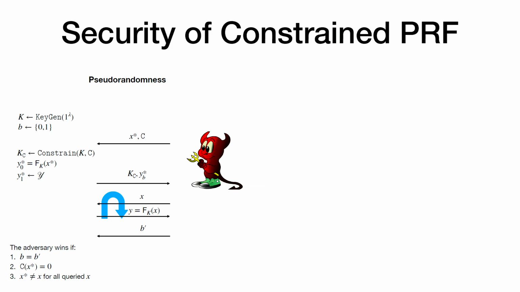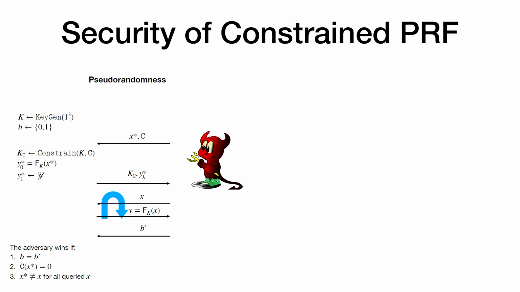In this definition, the challenger will first sample a PRF key K and sample a bit B. Then the adversary should submit a challenge query X star, which is an input, and a key query C, which is a constraint. Then the challenger will generate a constrained key for the constraint C. It will set a string Y star as either a random string or compute it as the PRF evaluation on the challenge input X star, and then it returns the constrained key and the string Y star to the adversary.